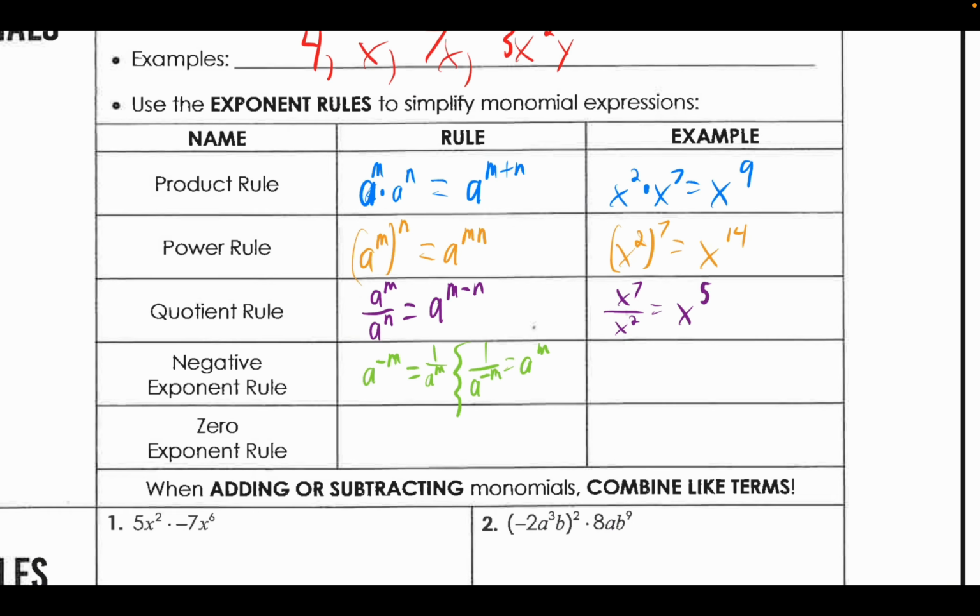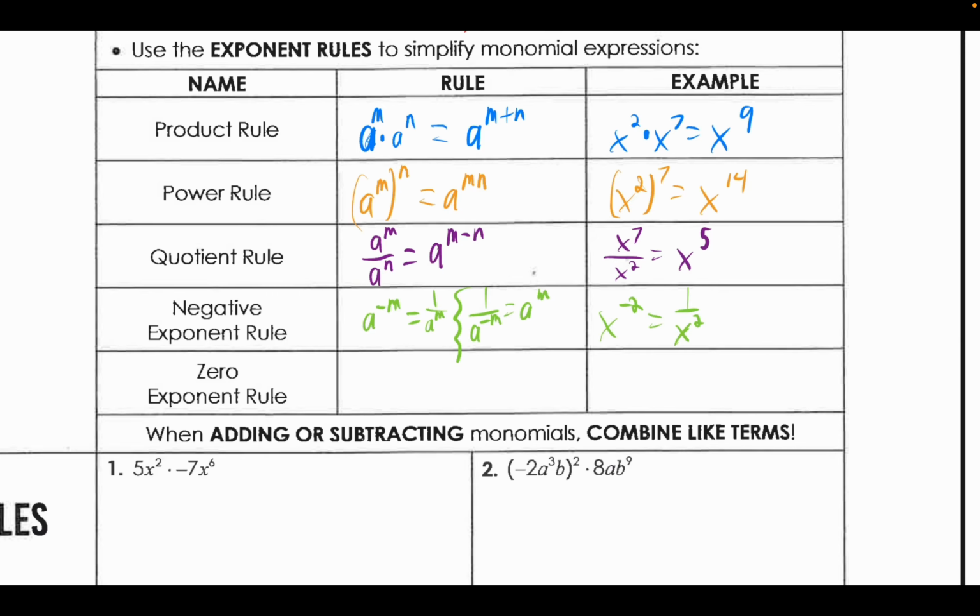So if it's on the top, it goes to the bottom. If it's on the bottom, it goes to the top. An example of this would be x to the power of negative 2. This is 1 over x squared. Now note that the base stayed the same, the number for the exponent stayed the same, but the sign of the exponent and the location of the base and exponent change.